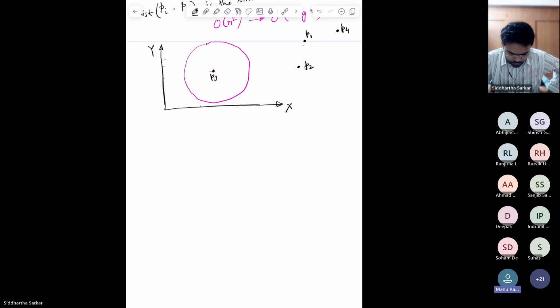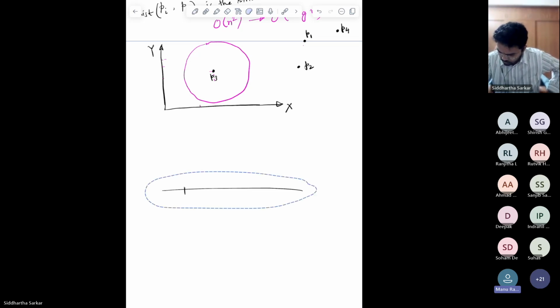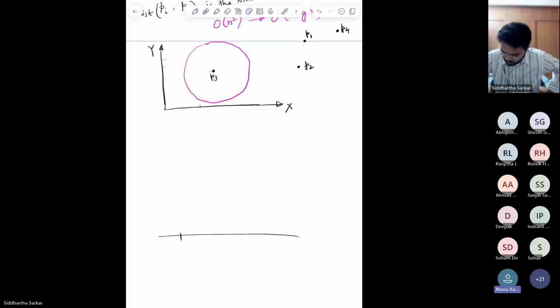Pick X as 1 unit, and for that point P1, you pick Y as 1 itself. Now P2 will have the same X coordinate, but the Y will tend to infinity.